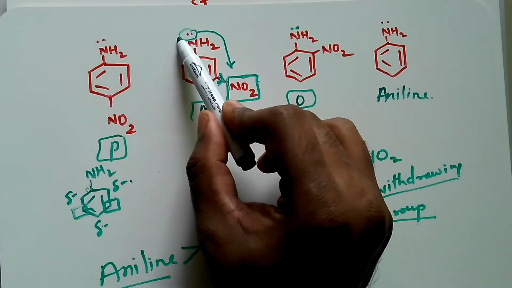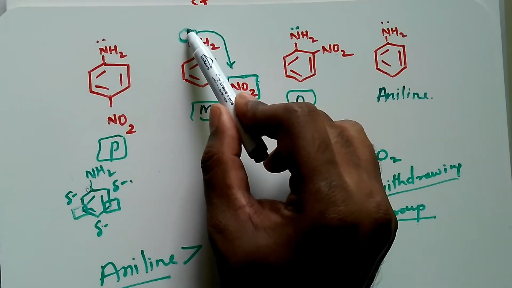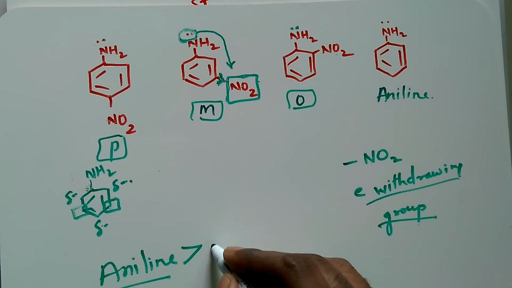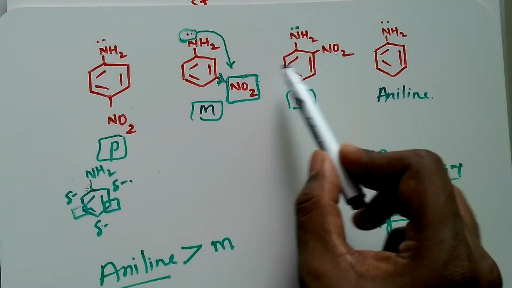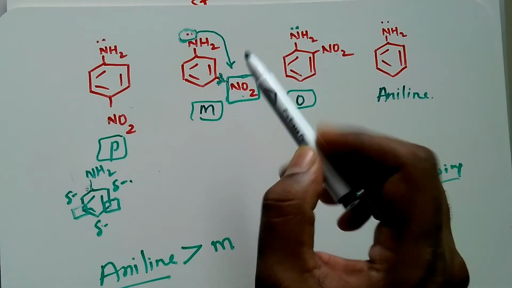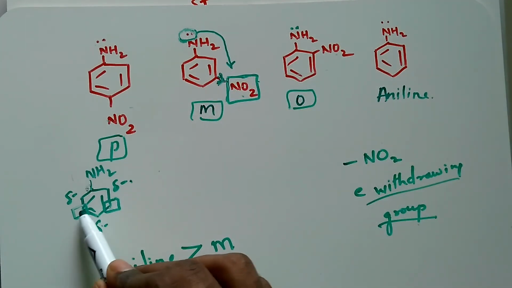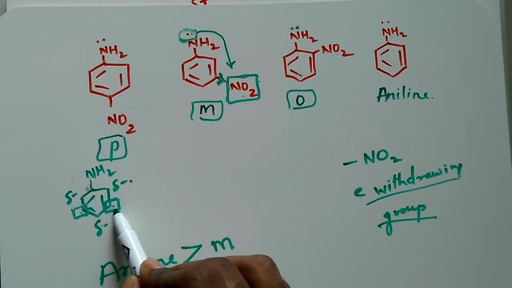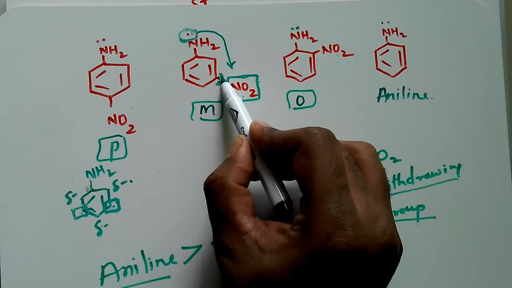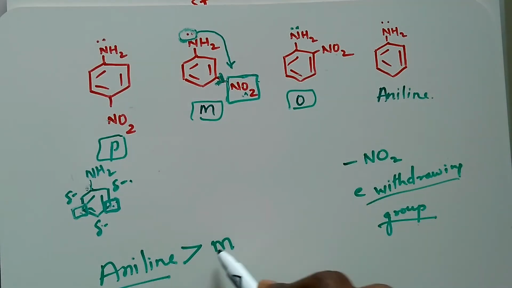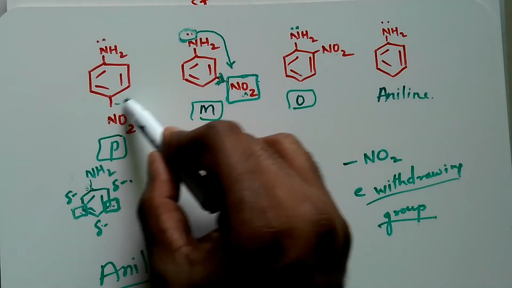Therefore this will retain the electron density on itself, and the meta will be the most basic among these two. I hope you understood why it is most basic. At the meta position there were no electrons, see here, the meta position, no electrons, therefore no electron density to pull towards itself. So meta is the most basic among these two.